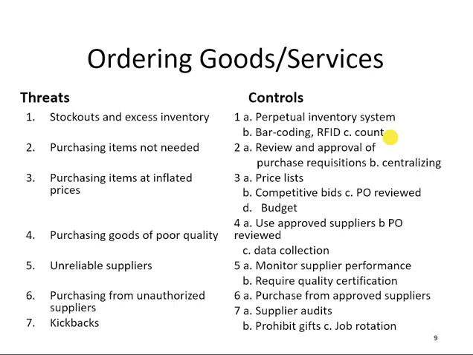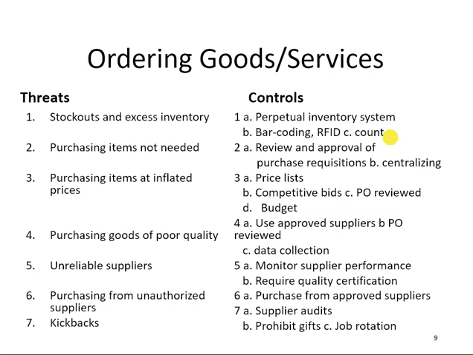The next threat is purchasing goods of poor quality. So controls include using only approved suppliers. Again, all purchase orders will be reviewed, and supplier data will be collected and analyzed to make sure their performance can satisfy our needs. The next threat is unreliable suppliers.